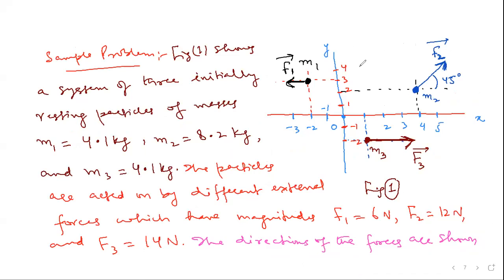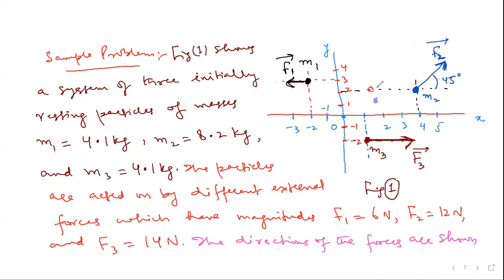So you can locate x is 1.8, y is 1.3. It is approximately here. Approximately, this is the location of the center of mass of the system.